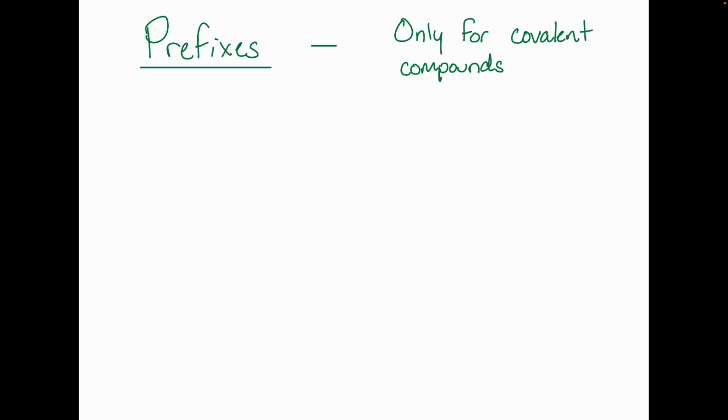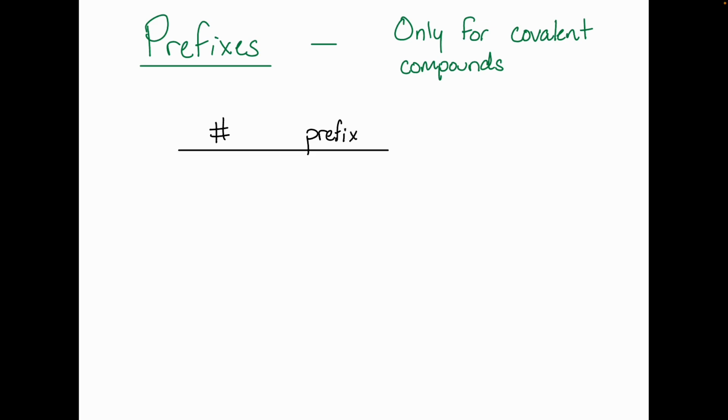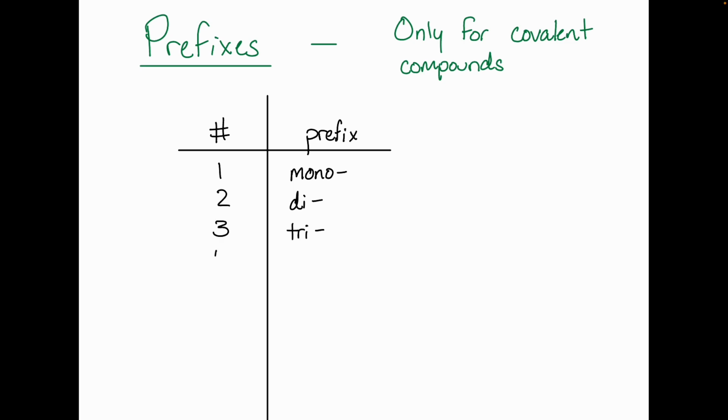It's only for the covalent compounds that we will use these prefixes. All right, cool. So first we're going to make one column with our number, the second column with the prefix. Okay, cool. We said that 1 was the prefix mono, 2 the prefix di, 3 is tri, 4 is tetra.